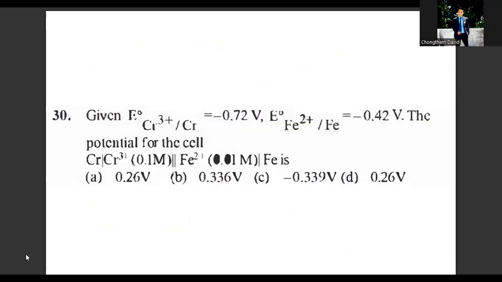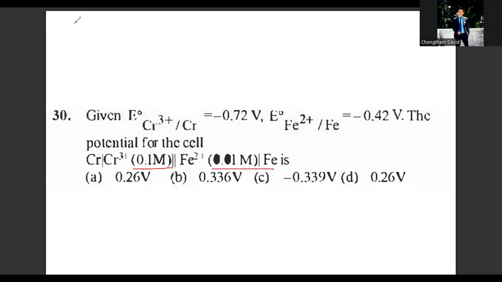Given chromium and iron, their cell potential, and you have the cell notation. So question is asking you, what is the standard cell potential for iron? Now use Nernst equation again whenever there is change in concentration, because you have 0.1, 0.001.